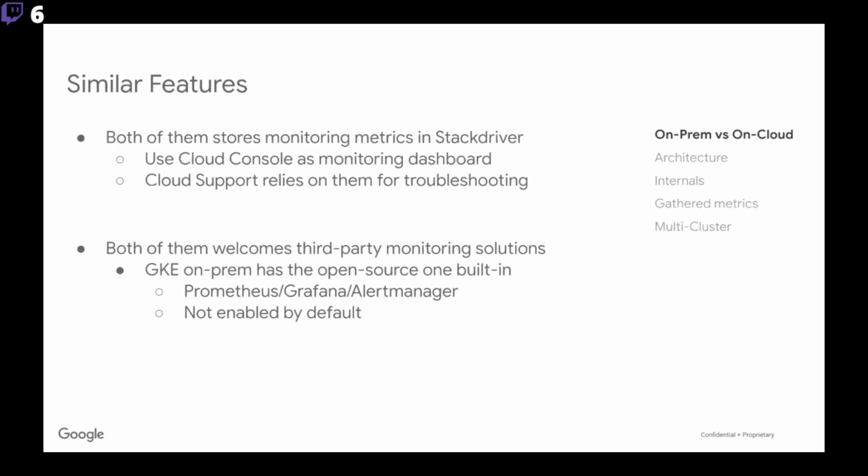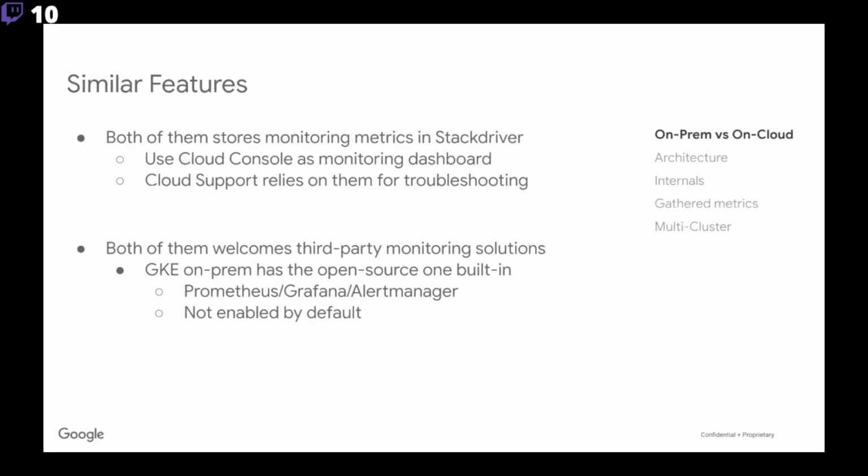And of course, both welcome third-party monitoring solutions that you've already invested in, like Datadog or even the open source versions, as mentioned there: Prometheus, Grafana, and the Alert Manager.